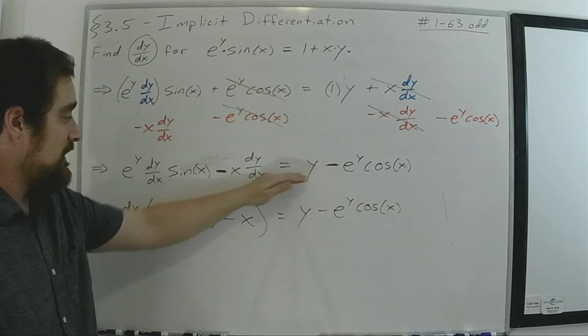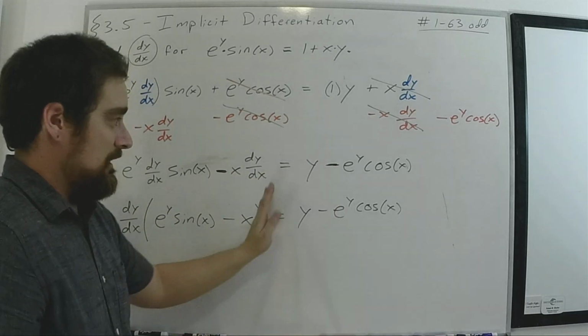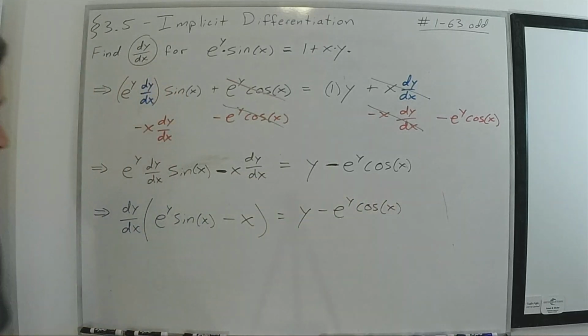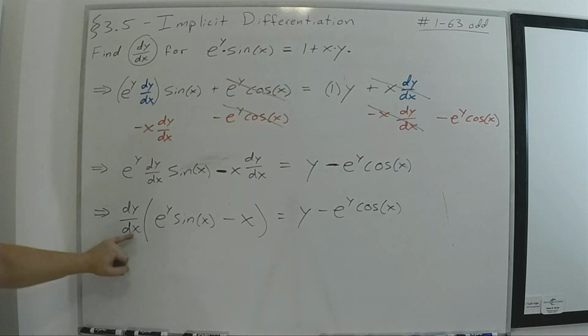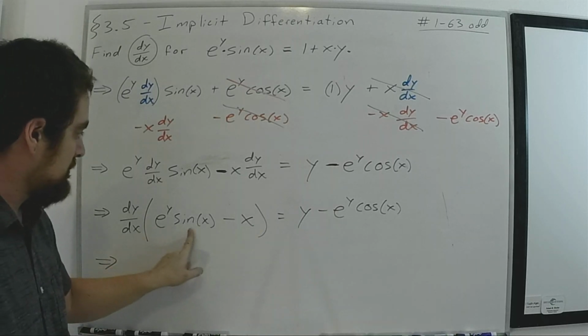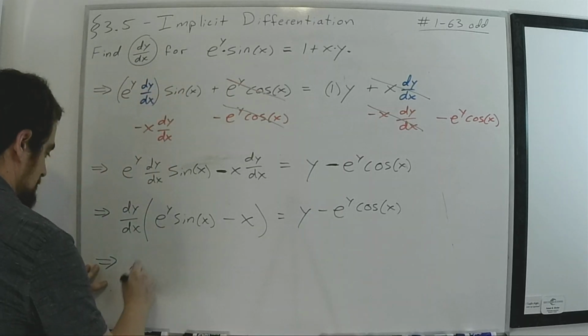You went from an equation to an expression, and even if you bring it into the picture in the end, right, you just left out half the story. And I'm going to circle that big empty space and go, where's the rest of the story? Right, don't be lazy, write it down. But now I have to divide out by e to the y sine x minus x on both sides, just because I don't have that space there.